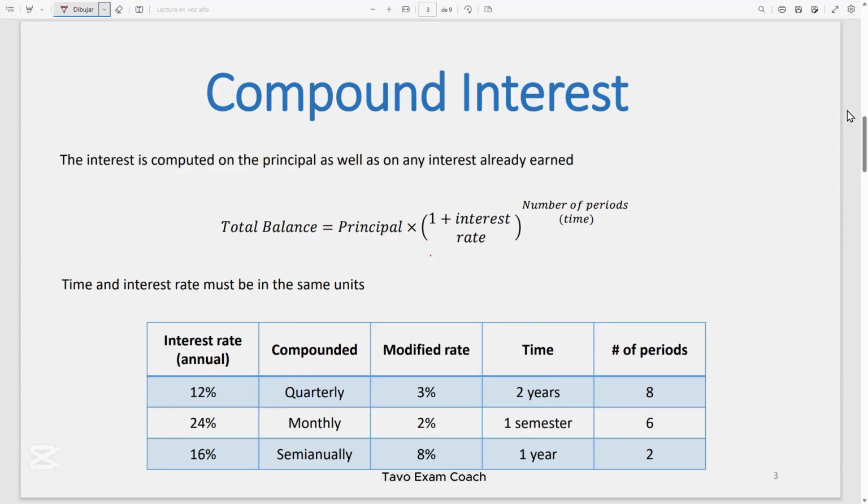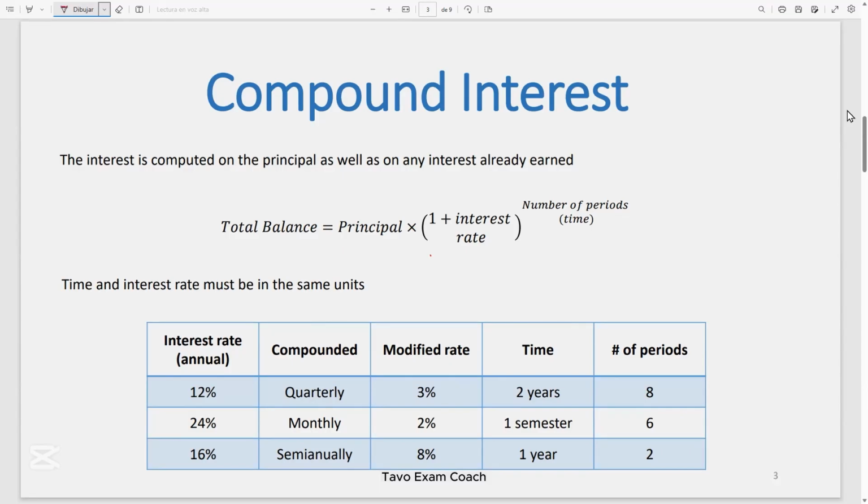The interest of the first period will be added to the principal to be used as the basis for the interest of the second period. Then the interest of the second period will be added to the previous amount.